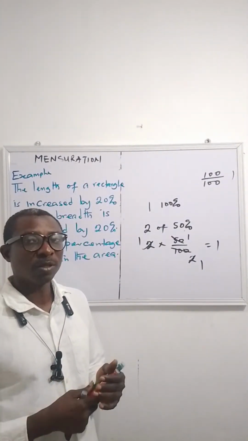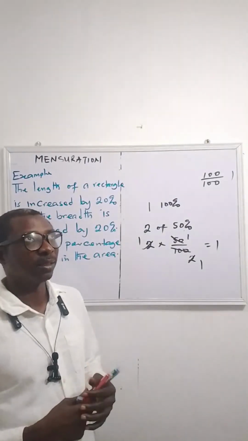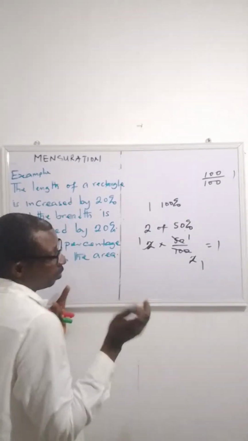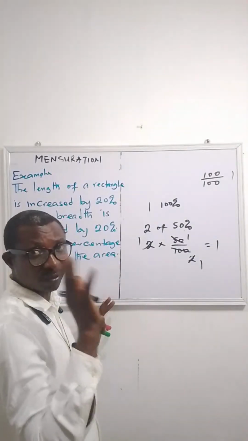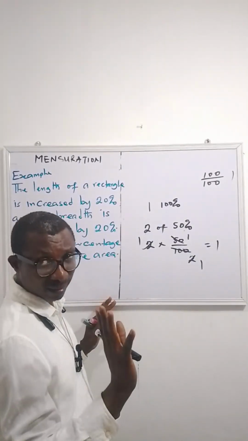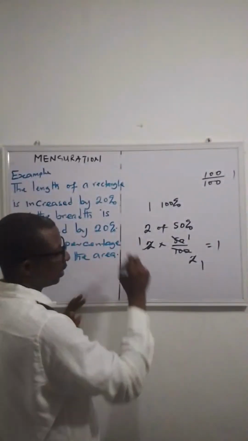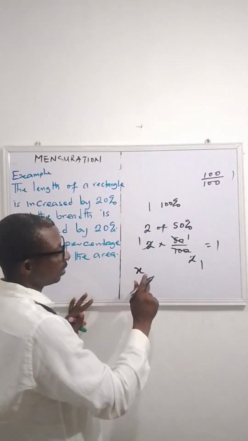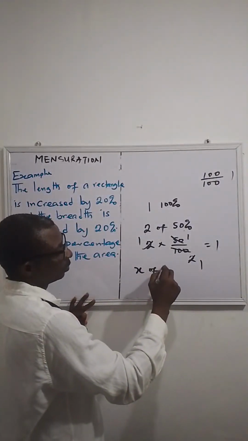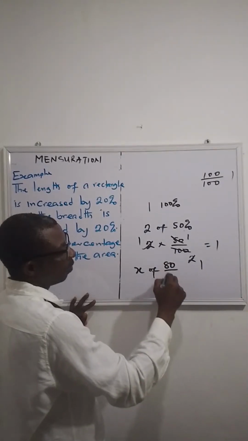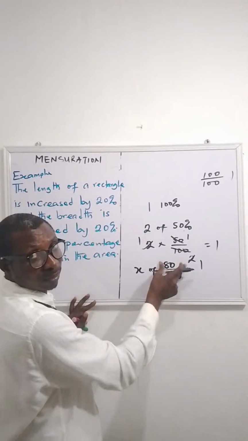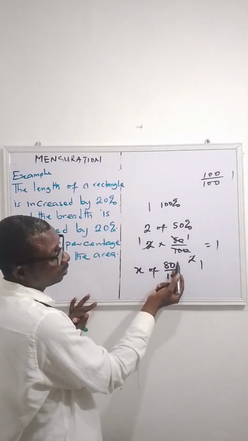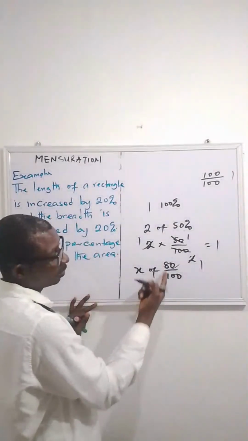Do you understand that? Anytime you have anything and you say that thing is reduced by 20%, ordinarily that thing is 100%. So let's say that thing is x. If it is reduced by 20%, that means that thing will be x of 80 over 100. Instead of 100 divided by 100, that's 1, now it has reduced by 20%, so instead of 100 we have 80.